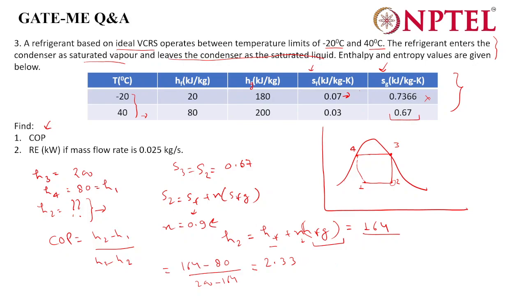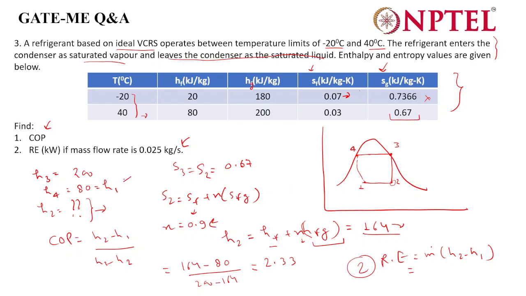So what is the refrigeration effect if mass flow rate is this? Then for the second problem, what is the refrigeration effect? Means m dot times H2 minus H1, right? Mass flow rate is given. H2 you have calculated here. H1 already known.